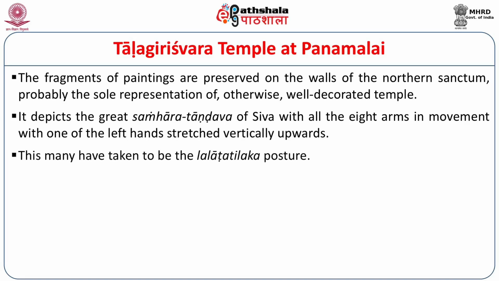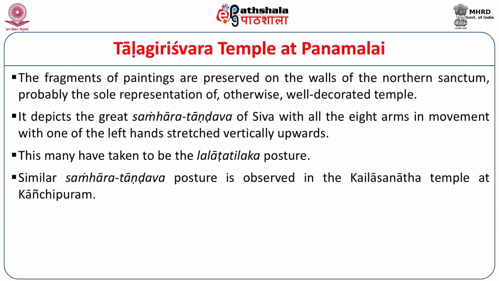Many scholars felt that, since the left hand is stretched vertically upward, it is a Lalata Tilaka posture. A similar Samhara Tandava posture is observed in the Kailasanatha temple at Kanchipuram also.